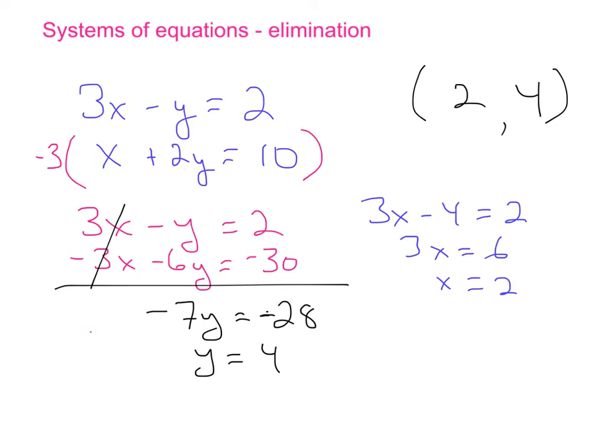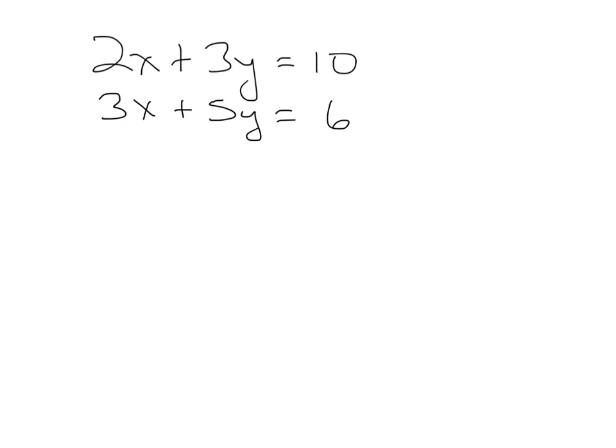But you need to make sure that positive 2 gets put out front in parentheses. So I would have had 6x minus 2y equals 4, and then the y's would have canceled.